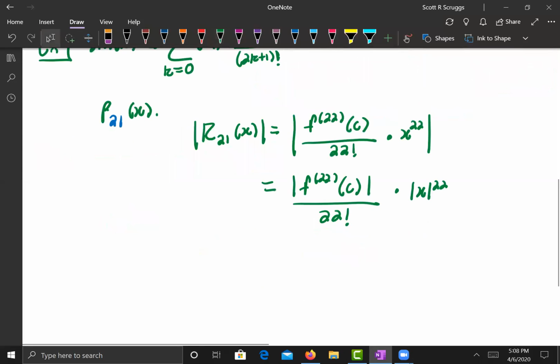And the reason why I say you can cheat a little bit is because whenever I'm taking derivatives of sine or cosine, I'm just bouncing back and forth between sine and cosine.